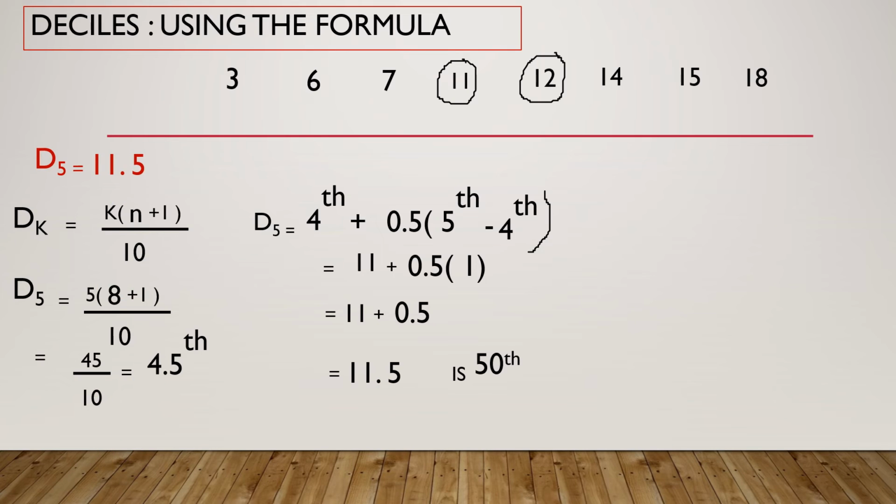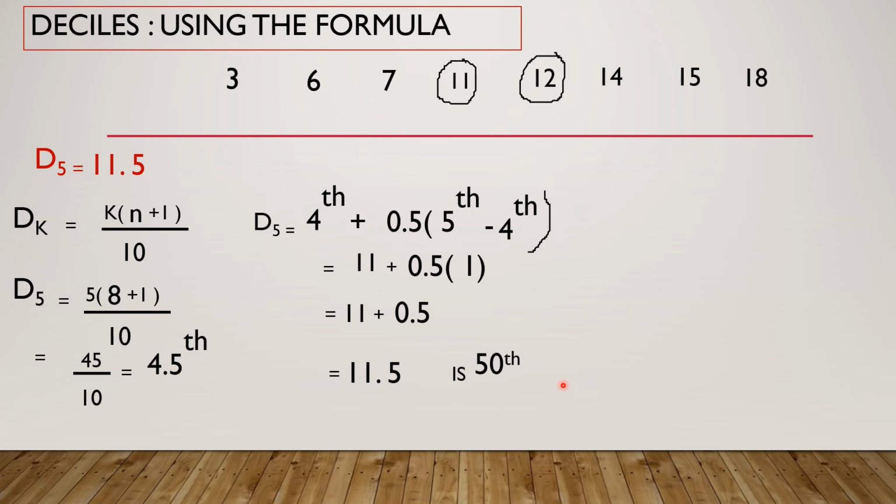So what does it mean now? 11.5, that is the 50th. Okay? So 11.5 is the 50th. It's not only the fifth term, or the fifth in the rank. It's different from the 50th because decile means by 10.